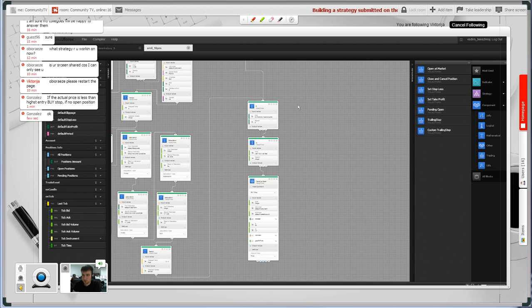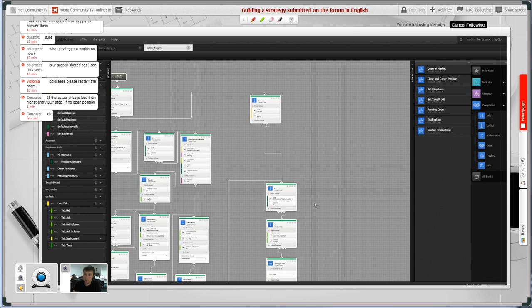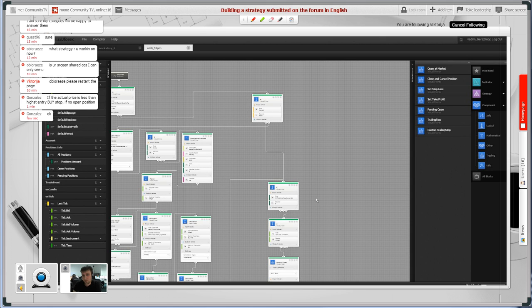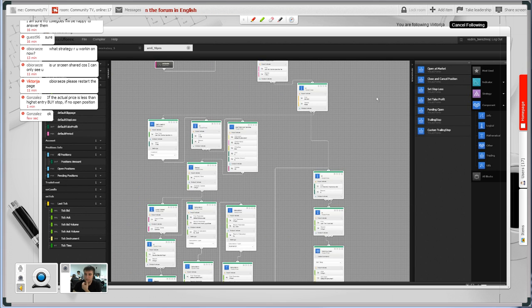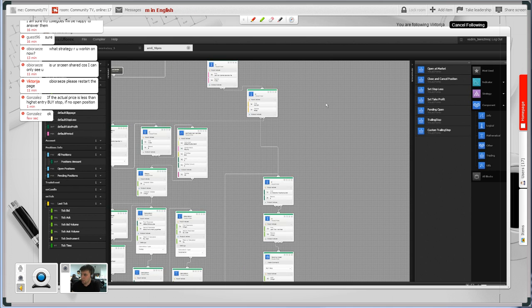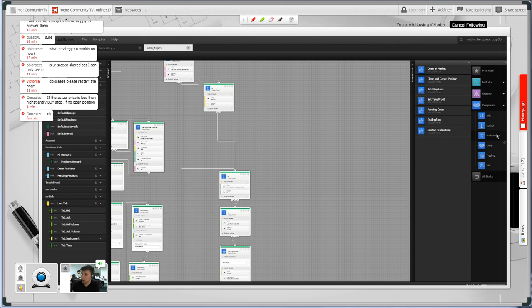Our strategy is trading, placing orders, closing them, and now we have to check when our strategy should stop. Where should we place it? Okay, let's start with a simple if block.